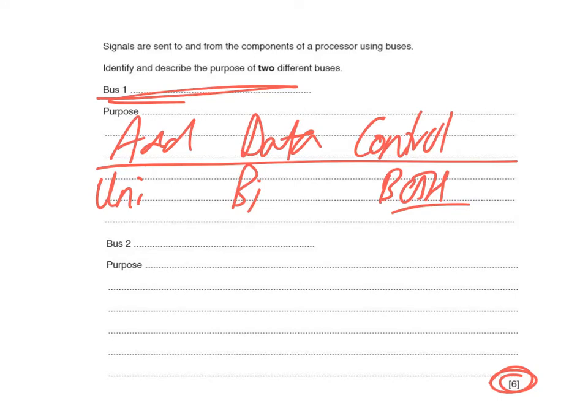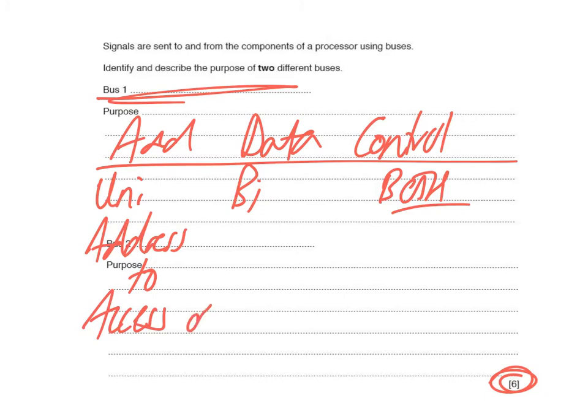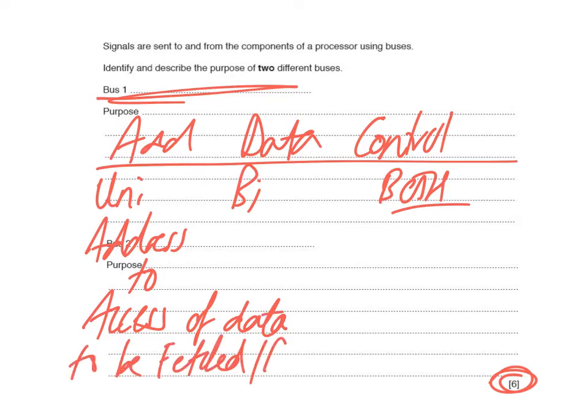So the address bus carries the addresses to access of data to be fetched or written, because the control unit also writes data into memory as well.